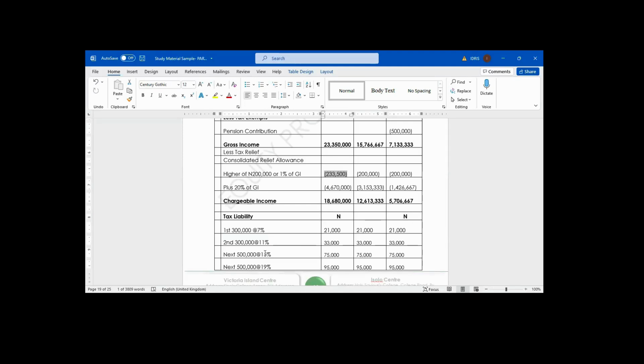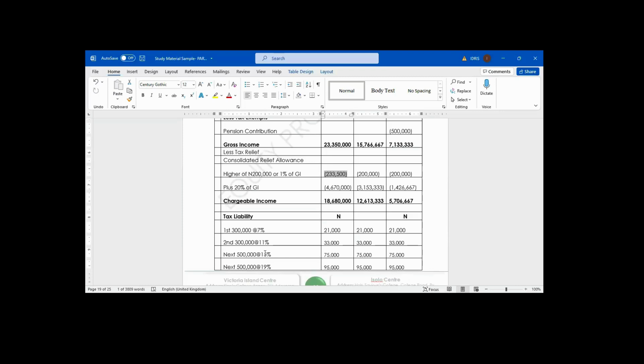Hello, sir. Yes, I can hear you. This consolidated relief allowance, after getting the first part, this 233,500, we are to add the 20% of the gross income, which is 4,670,000.